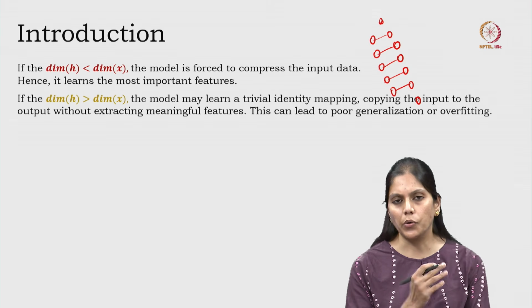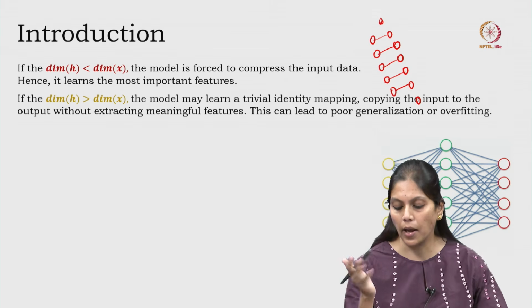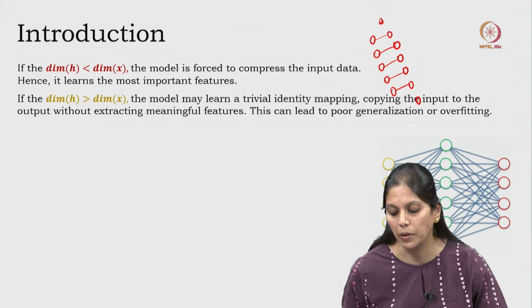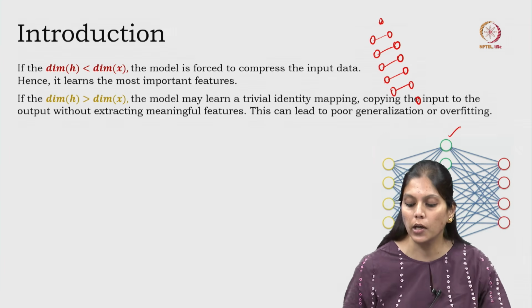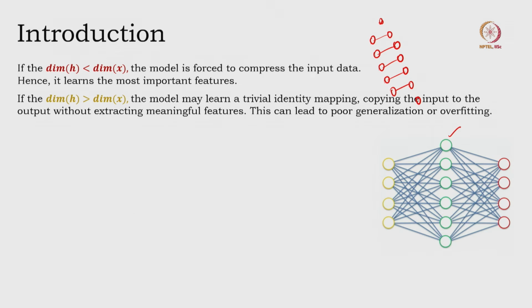This is the introduction we have already seen, and even the diagram remained the same as our previous one. Here the dimension of the hidden representation is much larger compared to the input. Now how about this requirement? Even if the dimension is large, you should still enforce the model to learn the features.